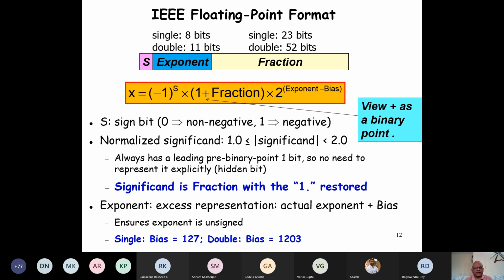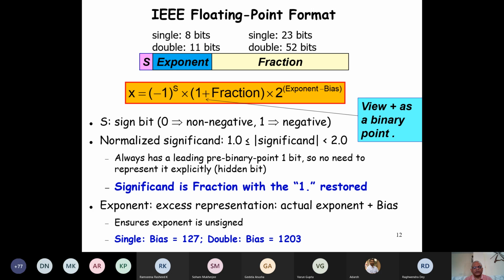So how do we proceed? The answer is that we store only a positive exponent, but then we apply a bias. The bias is 127 for a single precision number. 2 to the power 8 is 256.